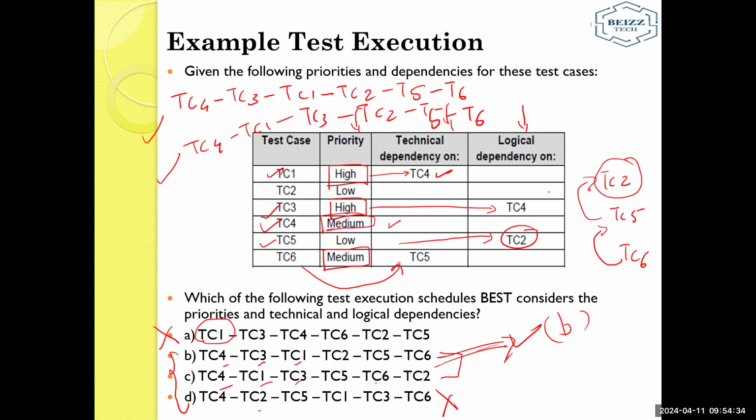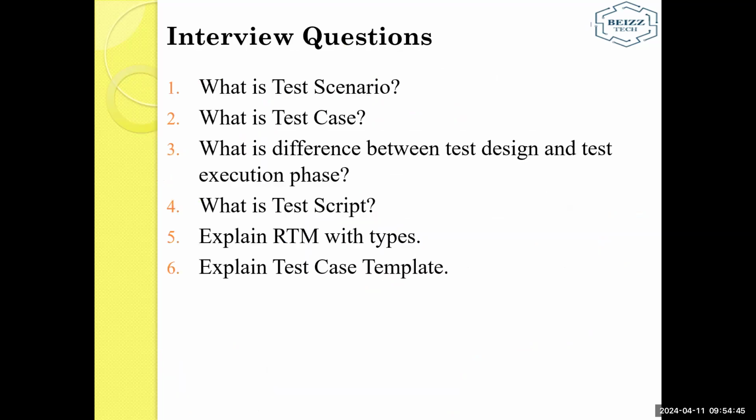This is how we can complete the execution. This is a very special example which you will get in ISTQB, and this is how you can solve the same. So basically, we have completed this module. The theoretical concepts we have covered: what is a scenario, what is a test case, what is the execution phase, and how we can prepare the RTM and the test case template.